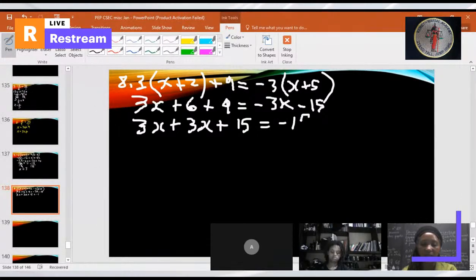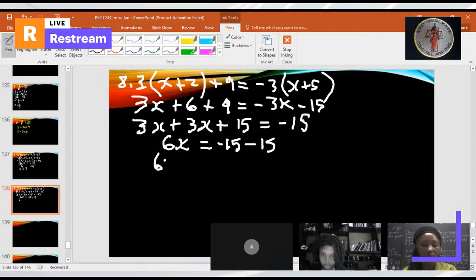What next? We can add the two 3x's. So 3x plus 3x is 6x, and we can subtract 15 from both sides to have the x value on one side. So we'll have negative 15 minus 15, and that will give us 6x equals negative 30.